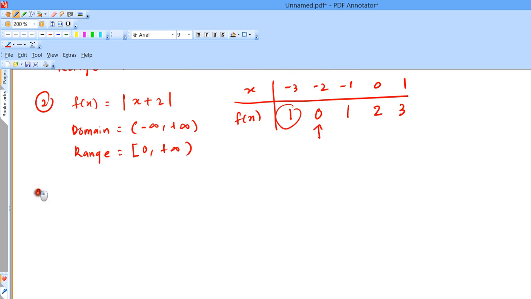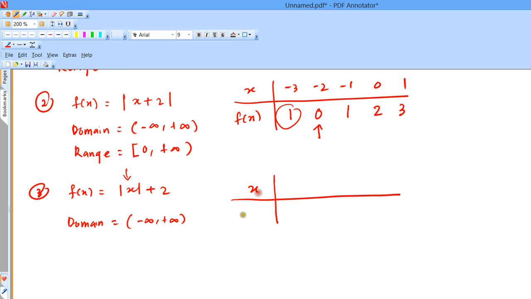Okay, next, number 3, f(x) equal to modulus x, plus 2. So we know that x can be any real value. So the domain equals negative infinity to positive infinity. And then the range. How about the range? x, f(x).